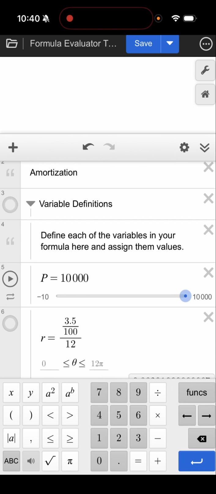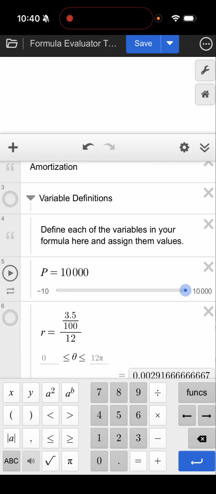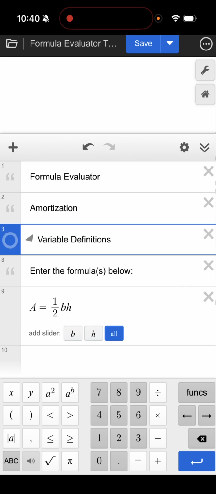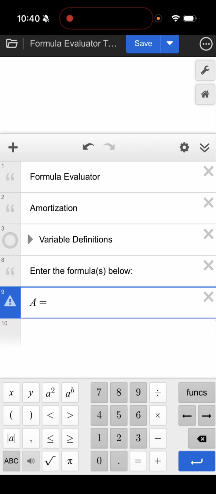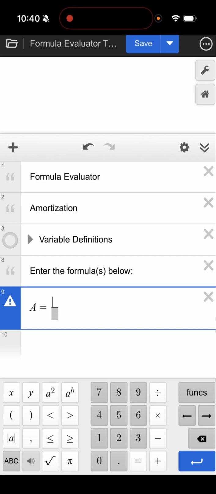I've showed you this, but we keep the variable definitions in a folder so we can close them when we're done. We don't have to see them. Now this formula obviously is a mess. So I'm going to type in that amortization formula just the way it was written in the question. That formula is a big fraction. We call it a rational expression. To start a big fraction, just hit the division symbol first.